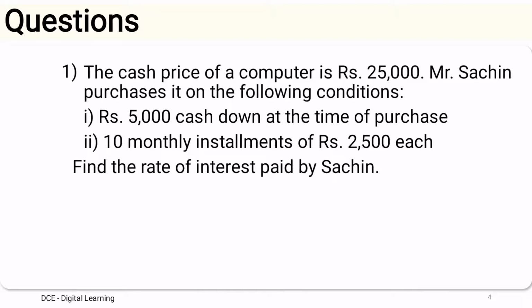Let us understand this concept with one more example. The question is, the cash price of a computer is rupees 25,000. Mr. Sachin purchases it on following conditions: rupees 5,000 cash down payment at the time of purchase, and balance in 10 monthly installments of rupees 2,500 each. Find the rate of interest paid by Mr. Sachin.